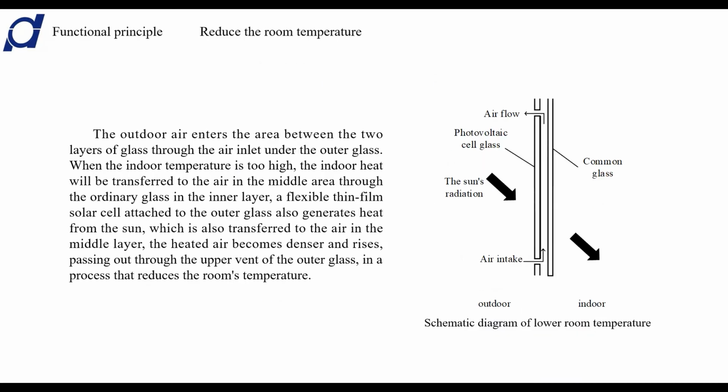The picture on the right is a schematic diagram of lowering the room temperature. The outdoor air enters the air between the two layers of glass through the air inlet under the outer glass.